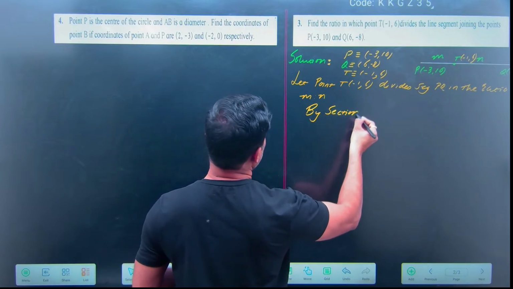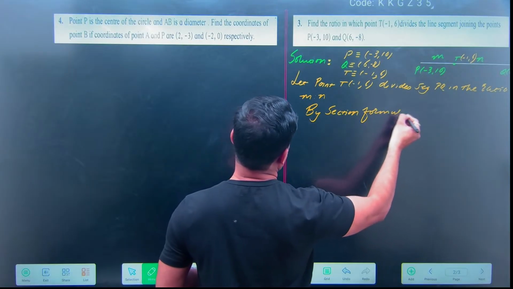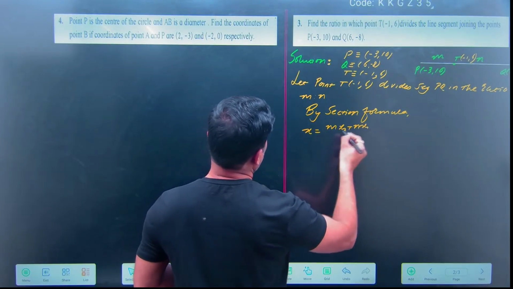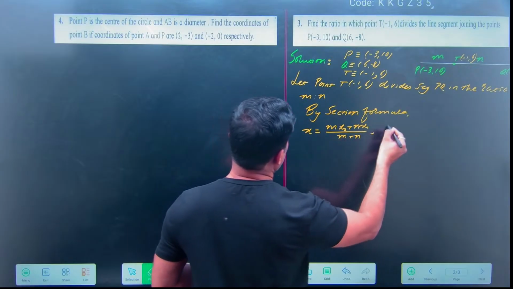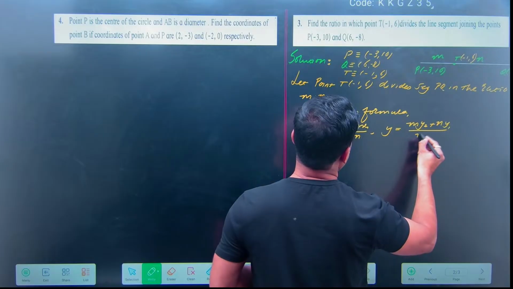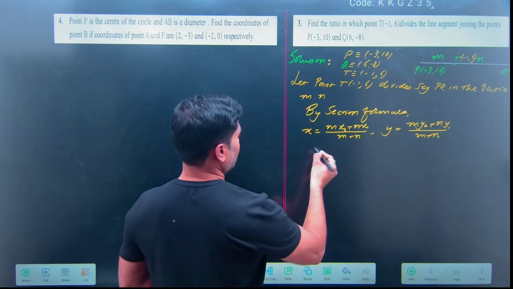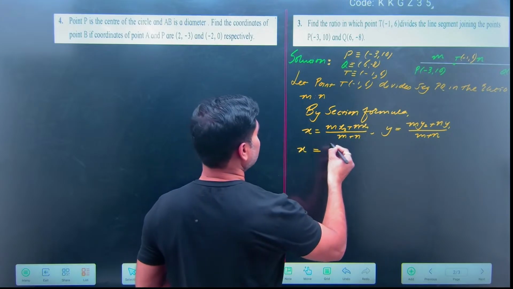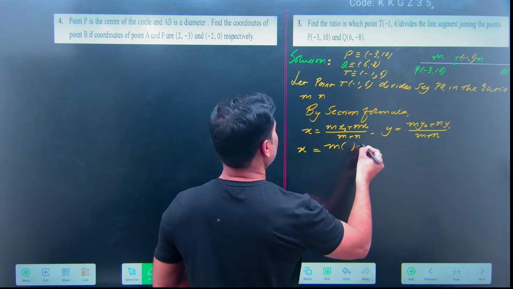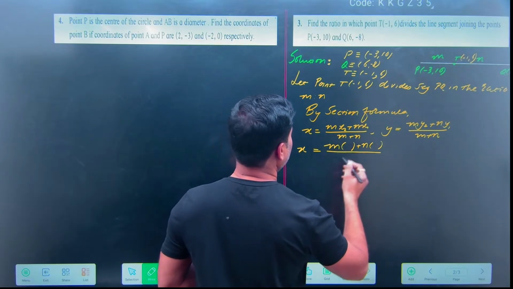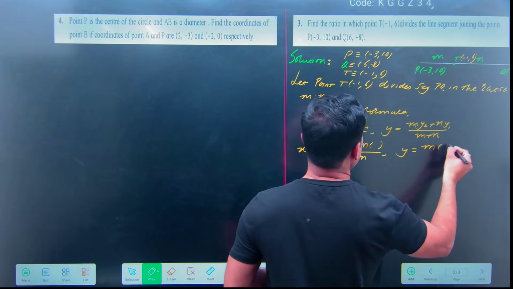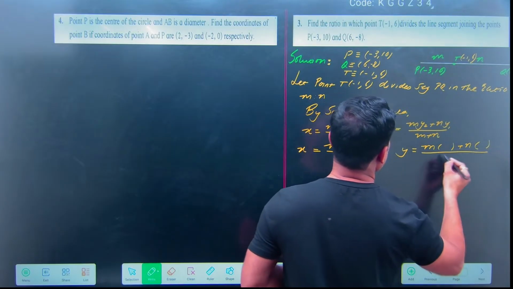You have to use the section formula every time. x is equal to (m x2 plus n x1) upon (m plus n) and y is equal to again (m y2 plus n y1) upon (m plus n). So again, you have to put values in this formula. This time you don't have the values of m and n, so you keep them as they are. You only have to put the values of x2 and x1, keeping m plus n as it is. There also m as it is, y2 we can put, y1 also we can put, and let m plus n be as it is.